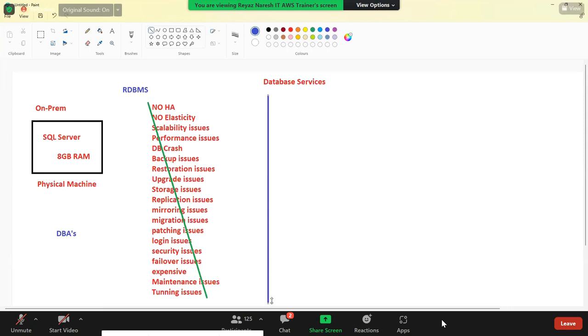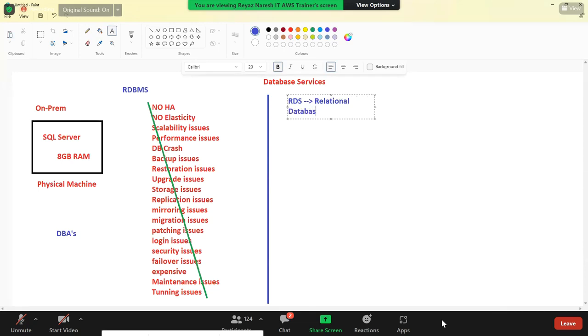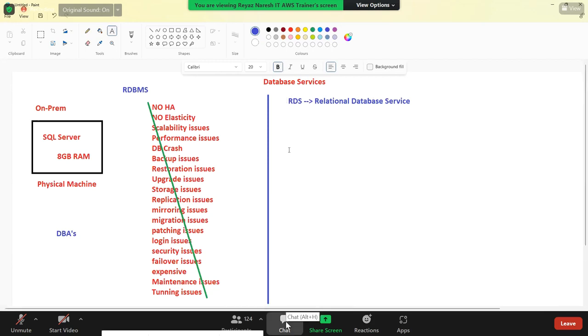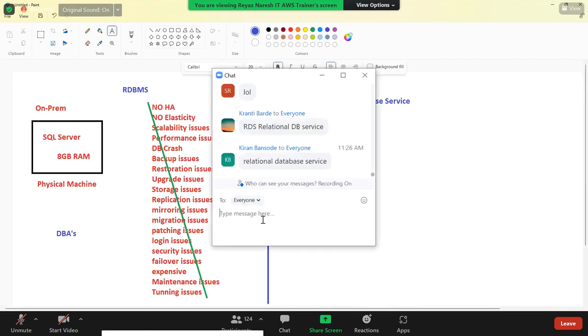We have the database service launched by AWS, and that is called RDS, Relational Database Service. This entire thing is now completely managed by AWS. You don't need to do anything. You just need to configure how you need. That's it. And that is called RDS. Write down Relational Database Service.